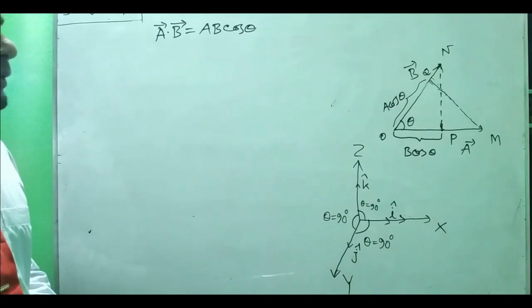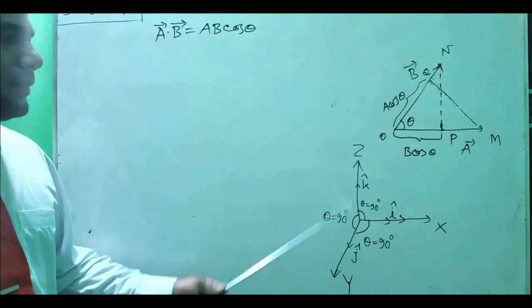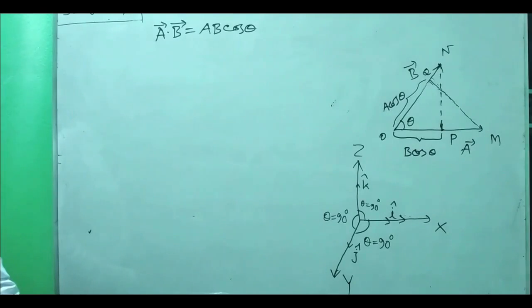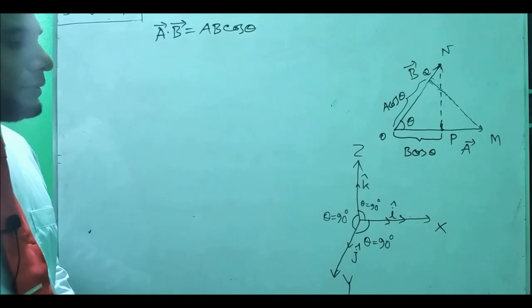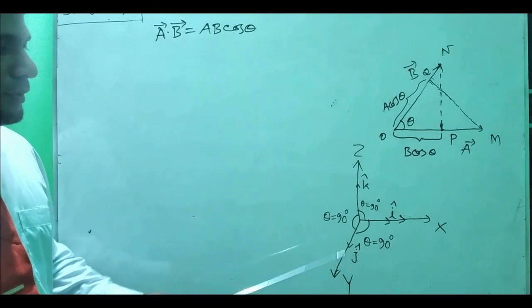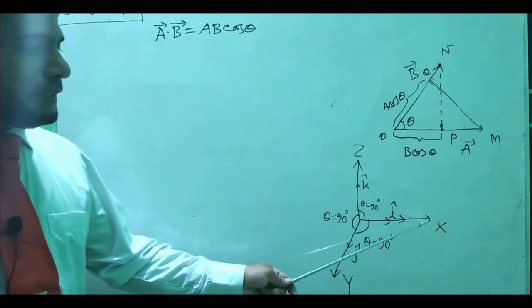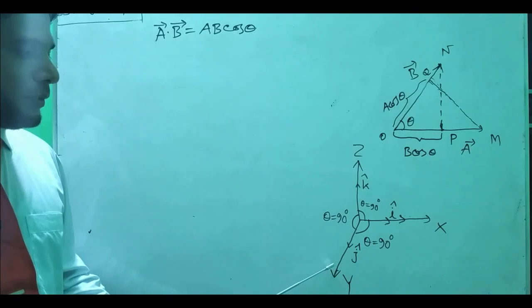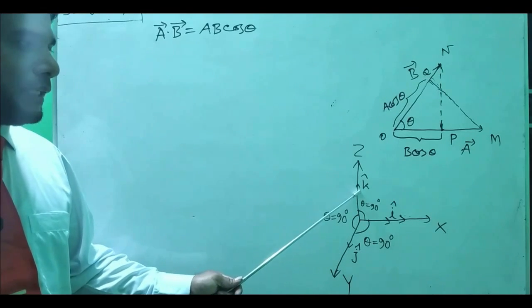We know that in the three-dimensional coordinate system we have three unit vectors: I cap, j cap and k cap, and the internal angle between these vectors we can easily see from the figure. Along the x-axis the unit vector is I cap, along the y-axis the unit vector is j cap, and along the z-axis the unit vector is k cap.